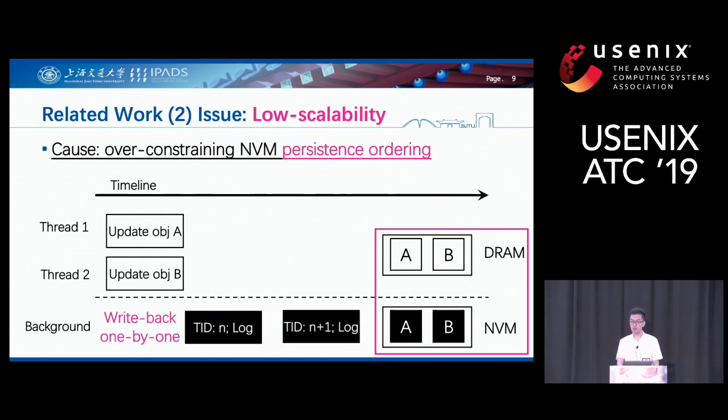However, the background thread has to apply the logs to the persistent objects in a total order according to the monotonically increasing transaction ID. Because the background thread cannot tell whether two transactions have dependency, such a strict persistence ordering harms scalability once the background thread cannot catch up with the pace of the foreground threads.